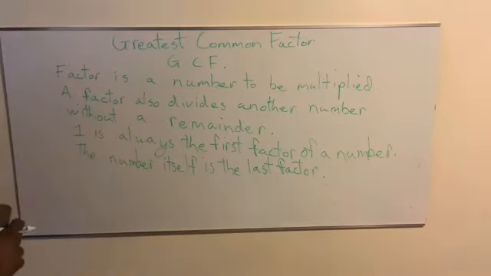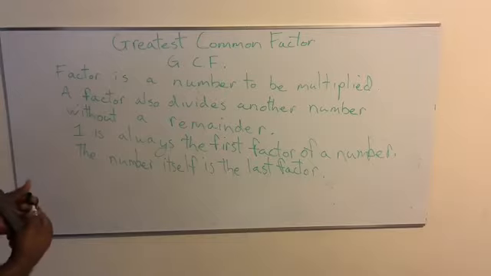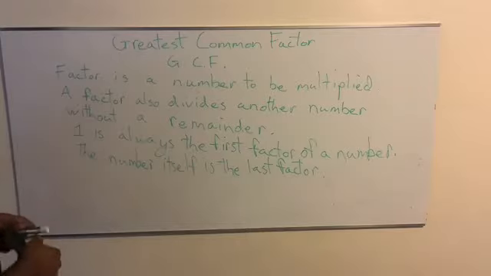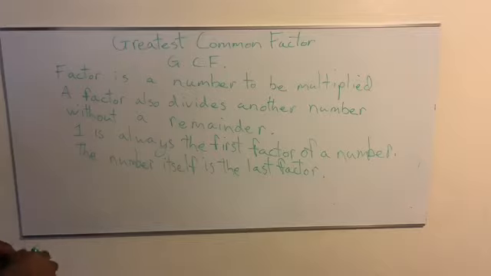Okay? So if a factor is a number to be multiplied, it also divides another number without a remainder, which is called exact division. One is always the first factor of a number, and the number itself is the last factor.